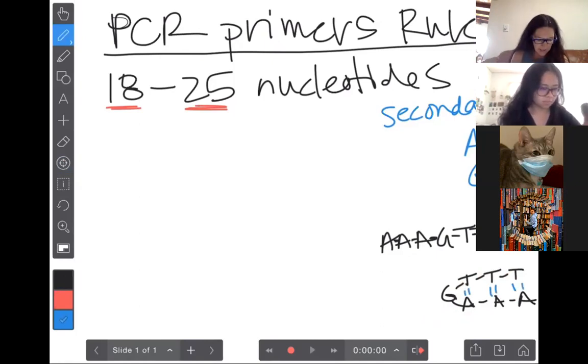So if we get back to why we give a crap about that, except that it's nerdy fun, the bigger our piece of DNA, the more likely that kind of secondary structure might happen. So it has to be big enough to sit down so it's homologous only to our target.